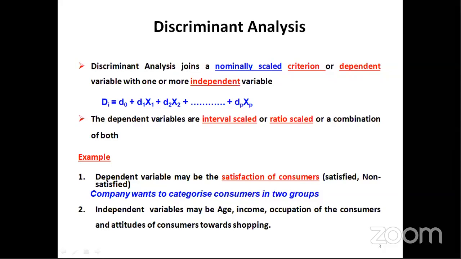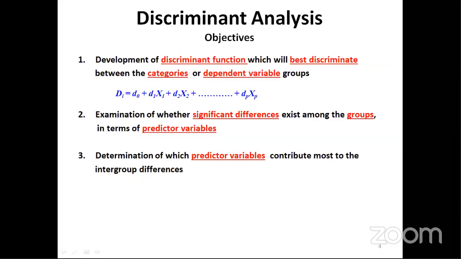And the independent variables are taken using a ratio scale, like age is taken, income, occupation, and attitudes are taken using a Likert scale. So all the information on the independent variables is metric data, and your dependent variable is non-metric. So in this situation we should go for discriminant analysis.